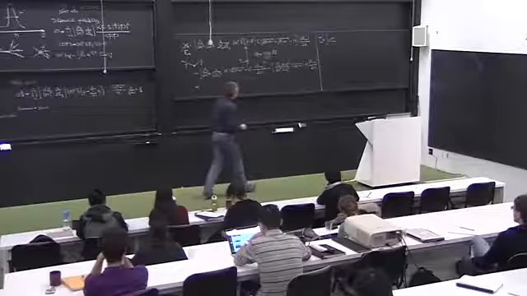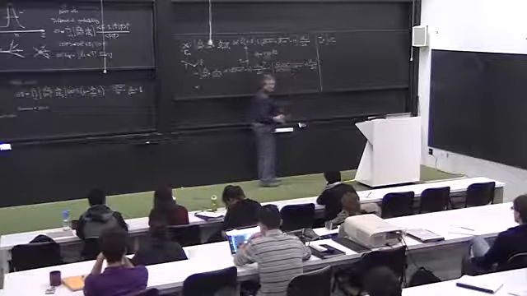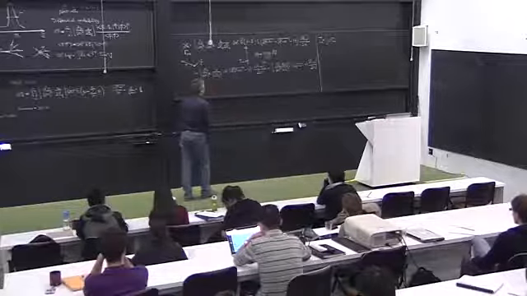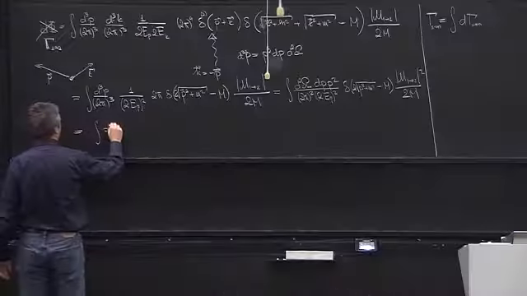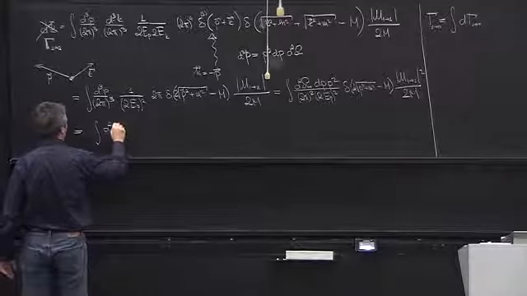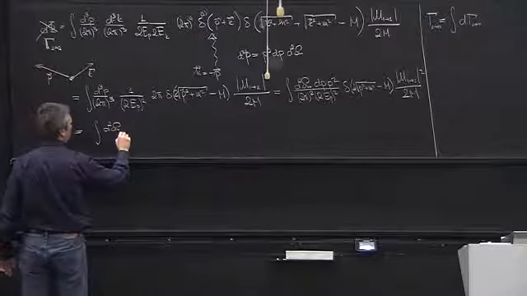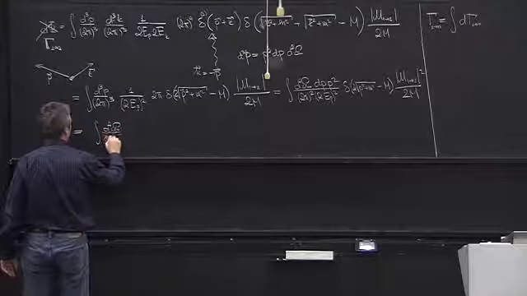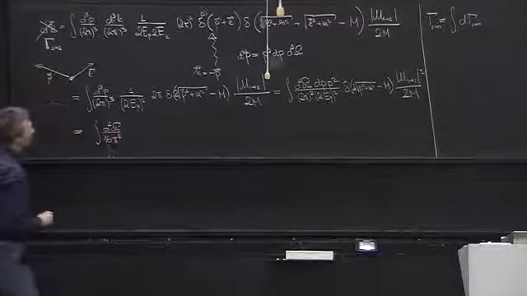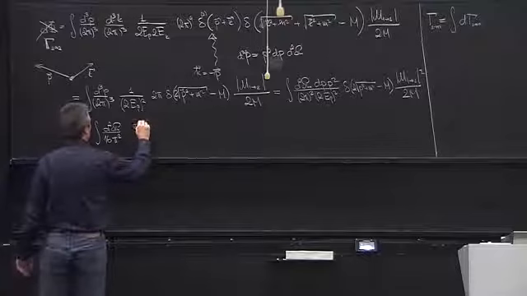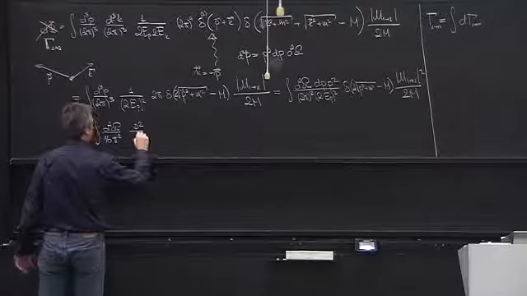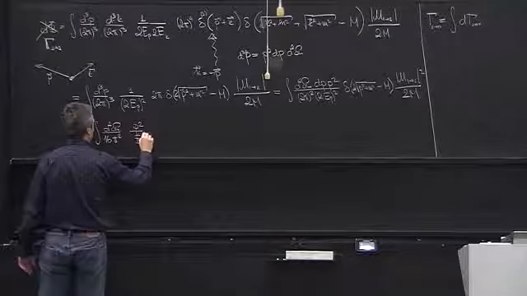And now I use another delta function to integrate over the absolute value of momentum. So what's left is the angular integral. So there will be a factor of p squared divided by the energy squared.